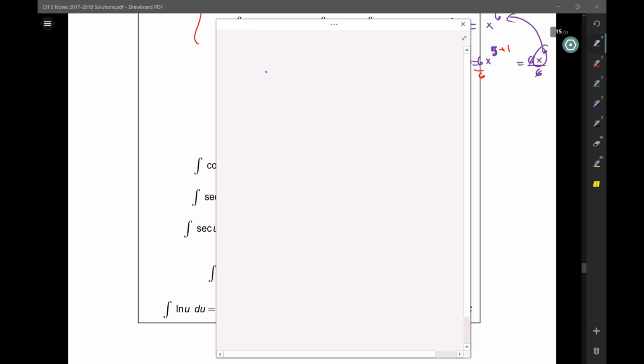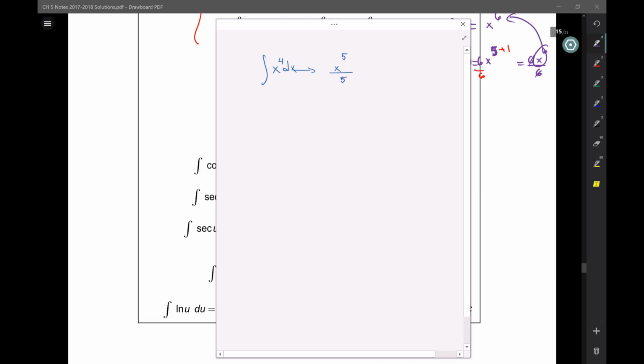Suppose I have x to the 4, and I want to get it back to the function. What did I say I have to do? So if I have the integral of x to the 4 dx, it's going to be x to the 5 over 5.